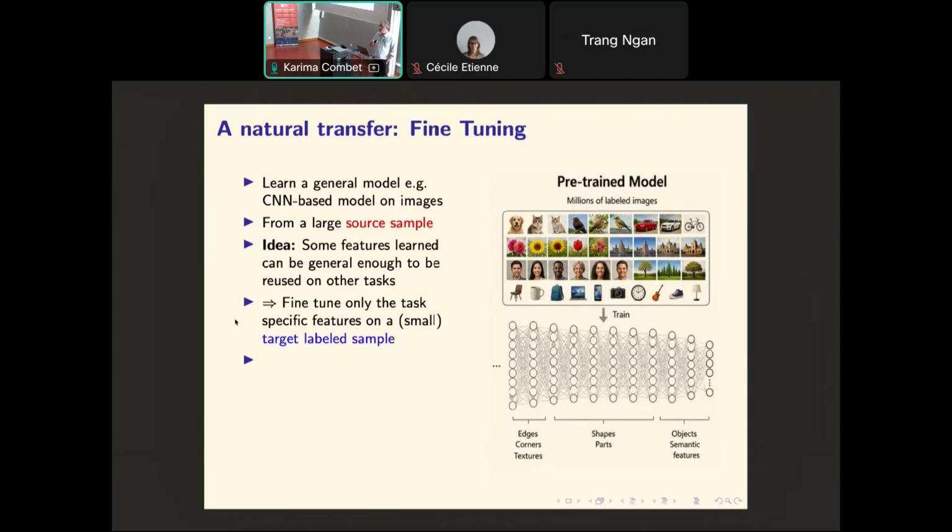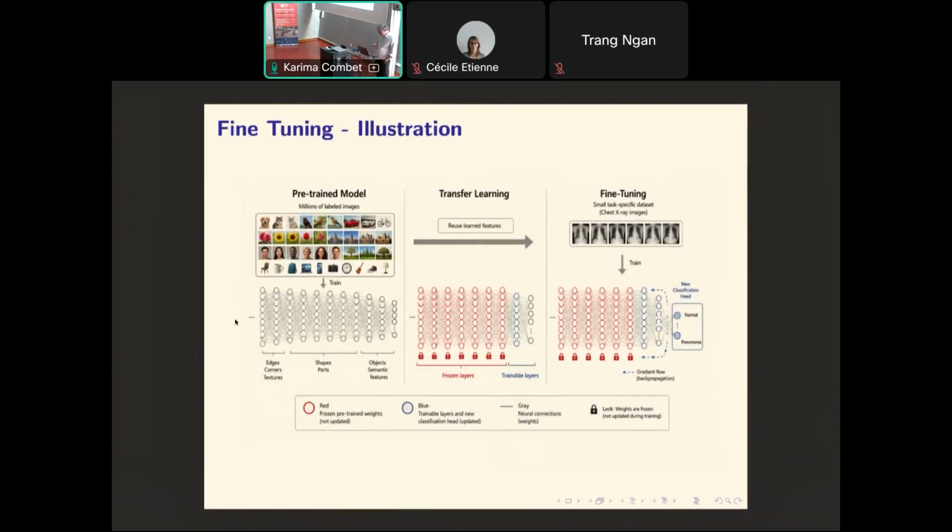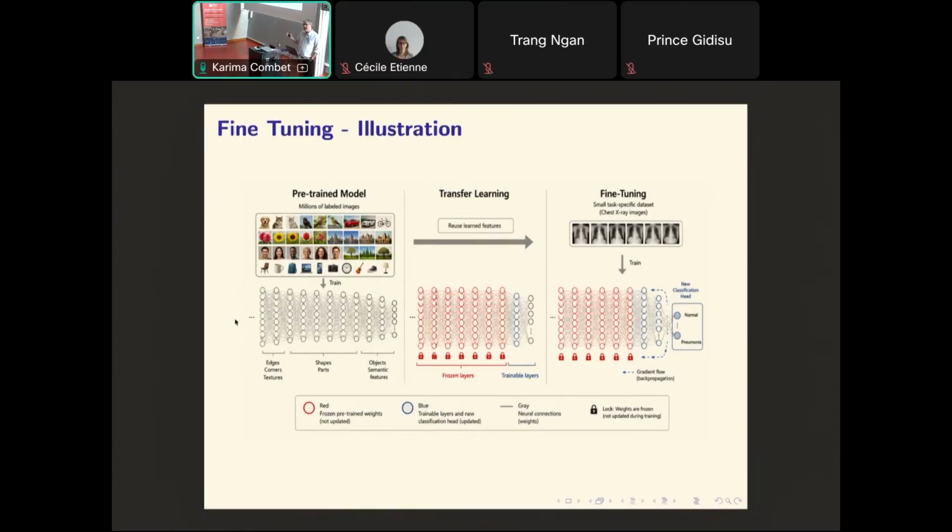The idea is that once you have learned a model with big data sets, the features that you learn in the very first levels, the low-level features, can be reused for other tasks because they are general enough. So the idea will be only to specialize the specific features to the new task. This is the goal of fine-tuning: to adapt only some specific features to the task. You learn a potentially big model on lots of labeled data, millions of images.